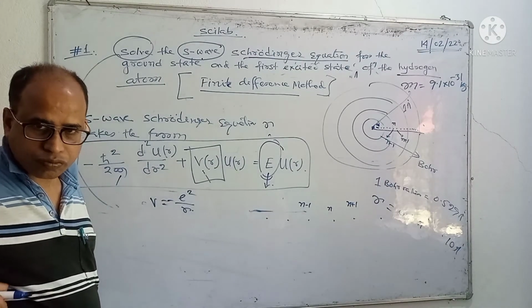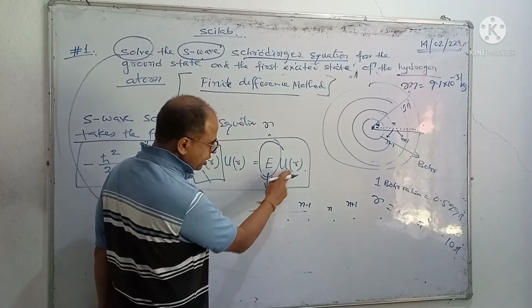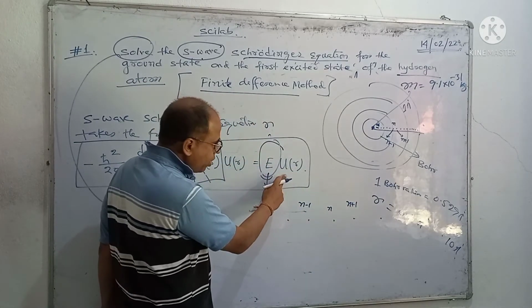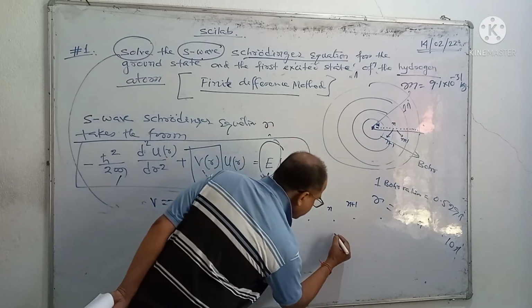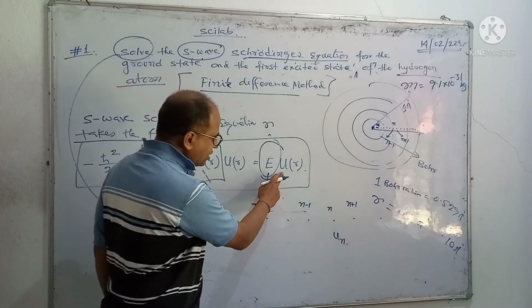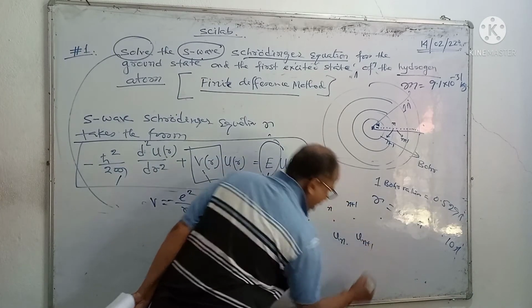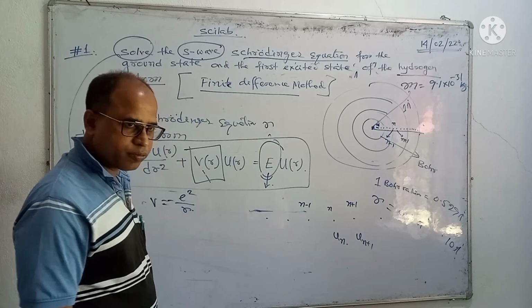Right? Now, the wave function u is a function of r. The wave function at the nth point is un. The wave function at the n plus 1th point is un plus 1. Right?